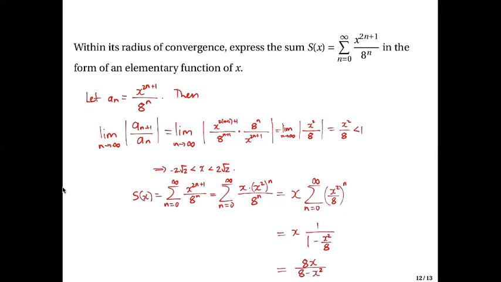So again, this is our s of x, provided that x is between negative 2 square root of 2 and positive 2 square root of 2. So let's just put that for x in between negative 2 square root of 2 comma 2 square root of 2.